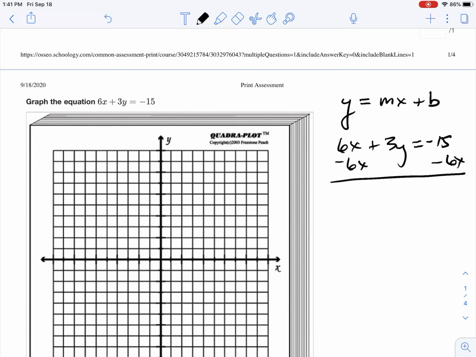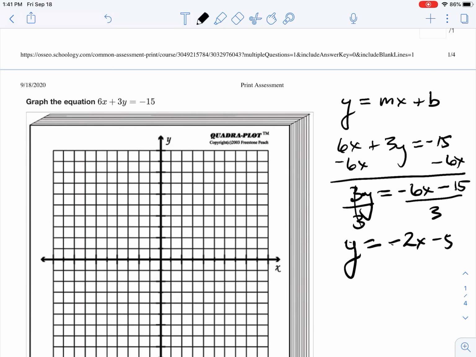I end up with, I'm going to move the 3y over a little bit, 3y equals negative 6x minus 15. I divide by 3, get rid of this coefficient. The 3 belongs to both the negative 6x and the negative 15, so I end up with y equaling negative 2x, and minus 15 over 3 is a minus 5.